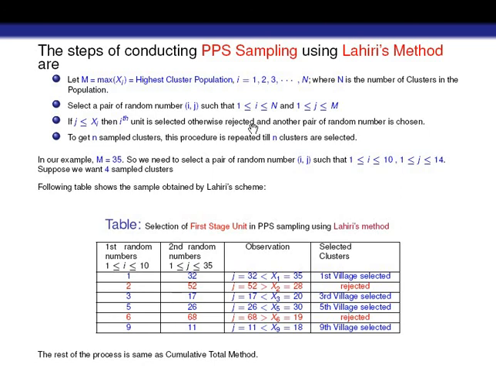And if we reject, then we have to continue this process for another pair of random numbers, and we will continue this process until we get the desired number of sampled clusters.